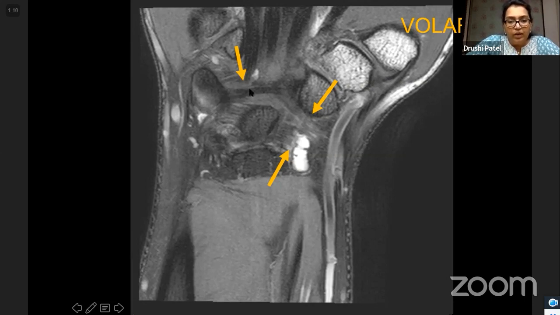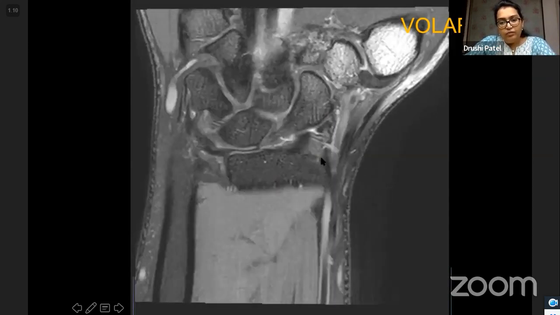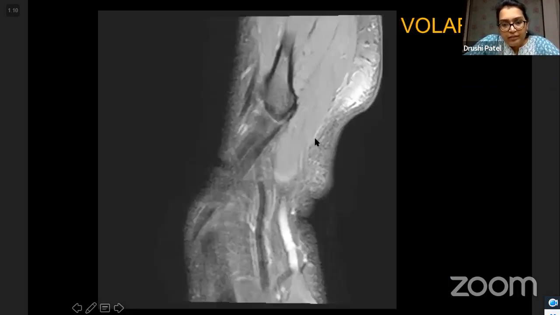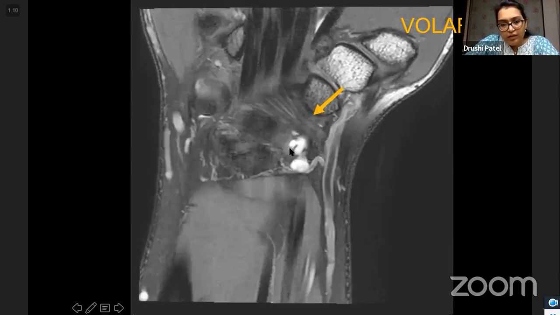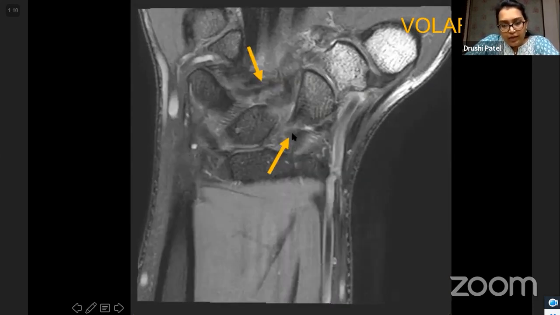So triquetrohamatocapitate ligament, whereas this was, let me move a little back and forth, from the level of the radius towards the capitate across the scaphoid, radioscaphocapitate ligament. And another one here, which is the radiolunate ligament. So only three important, of which two are most important, radiolunate and the radioscaphocapitate ligaments.